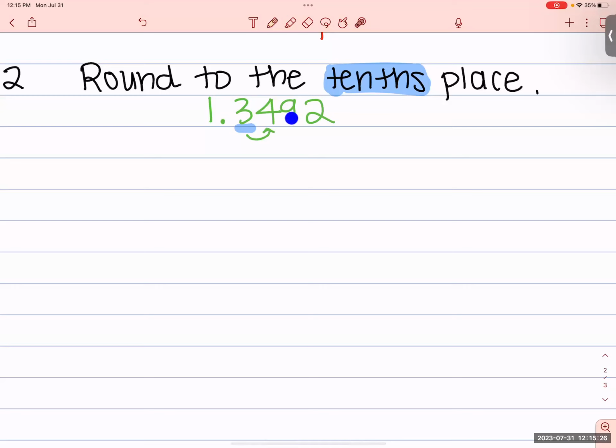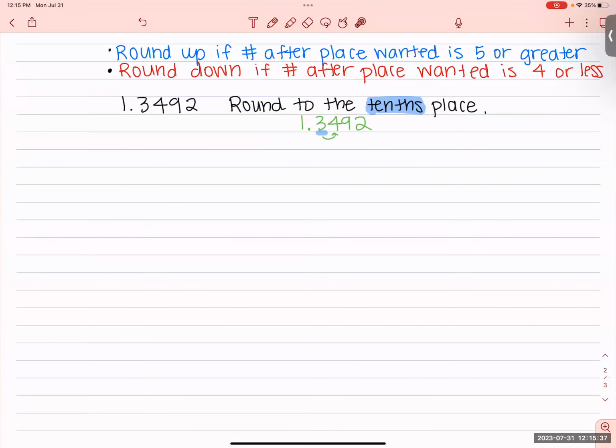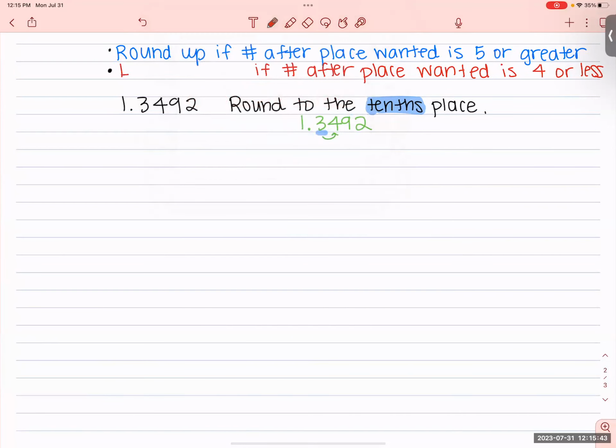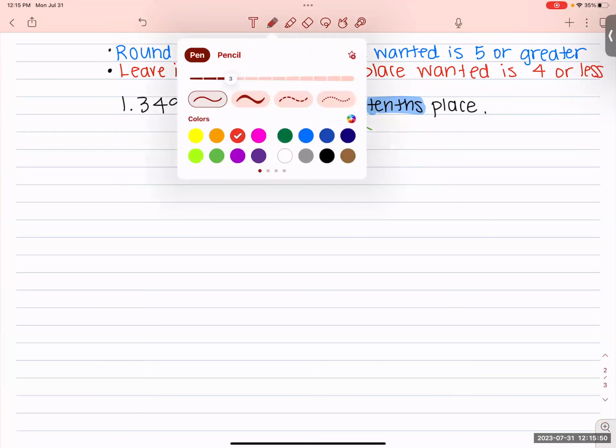You're not looking at the 9 or the 2. You're only looking at the 4. Is this greater than or equal to 5? No. So we're going to leave it alone. I said round down here, but what I mean by round down is leave it alone. Apologize.